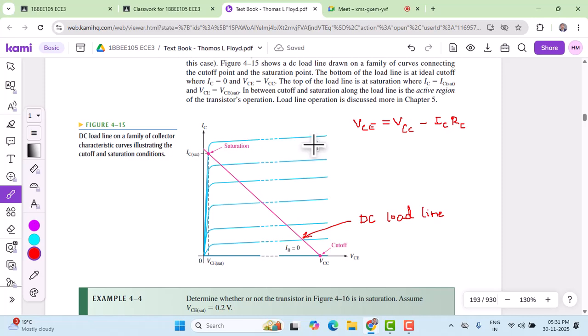Now we can determine the supply voltage, whatever the VCC that is applied here. Though we don't know the value here, that must provide a VC max value and the ICRC drop. We already know the ICRC drop, which is 19.5 volts. So we can determine the VCC from this.